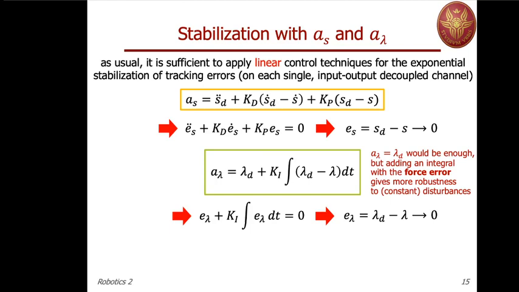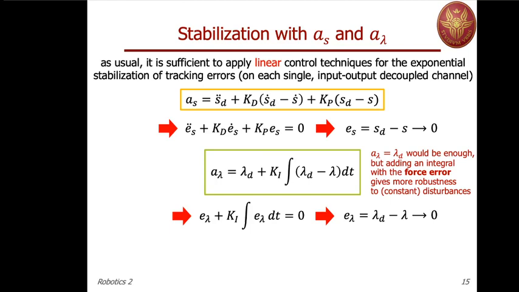So adding this integral term does not destroy stability. In fact, this is shown by the linear analysis, a very simple analysis of these two formulas, but it will give more robustness in the presence of constant disturbances that are not being considered.